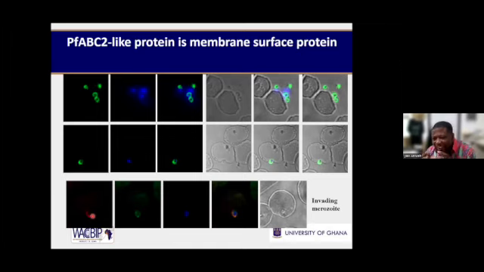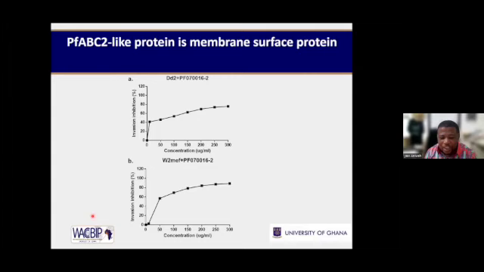We don't currently understand what role it will play, but we think seeing this response. Being on the merozoite surface, we intentionally decided to use the antibodies to see whether it can block.